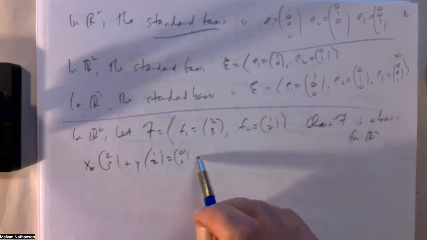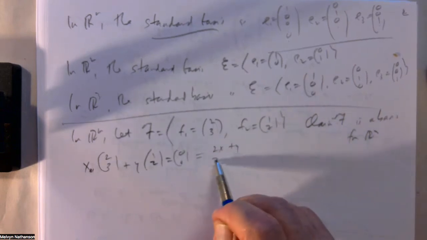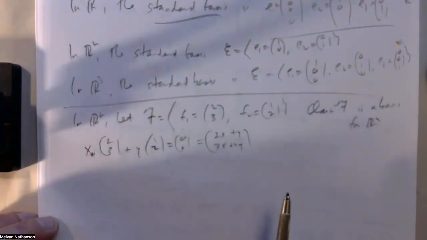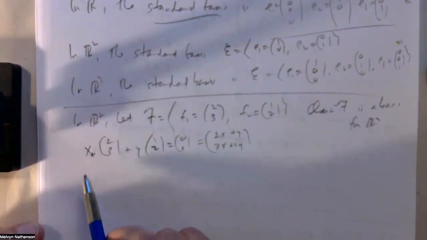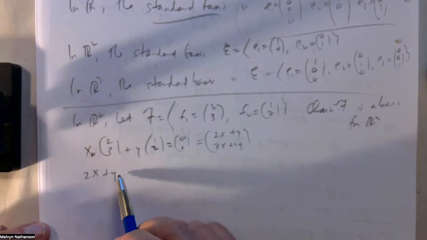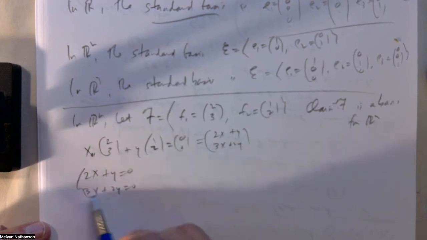That's the same as saying this is (2x plus y, 3x plus 2y). So for this to be the 0 vector means x and y satisfy the equations 2x plus y equals 0, 3x plus 2y equals 0.